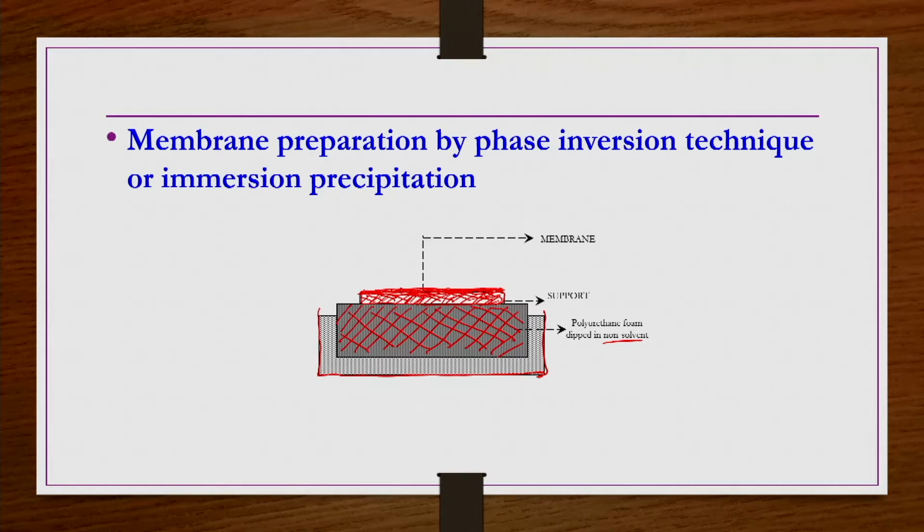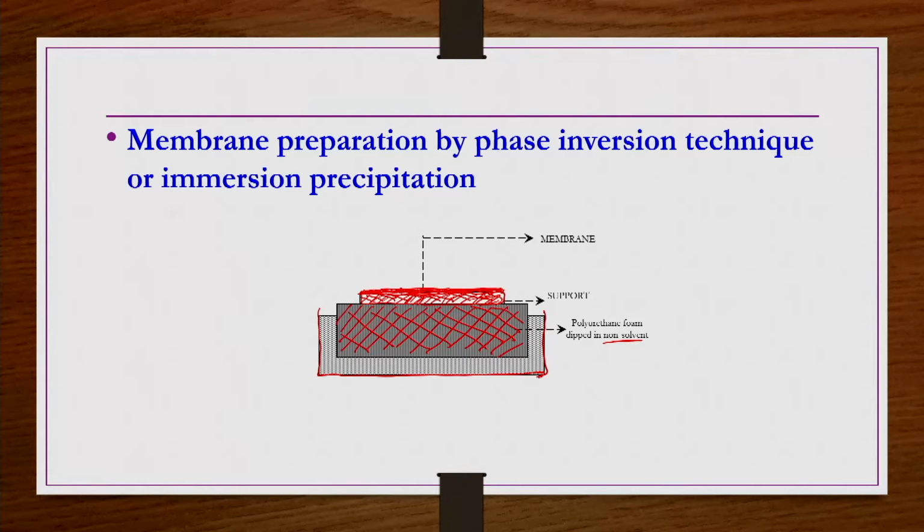In general, air drying is done. It is a better process, so that slow evaporation of the solvent will take place. Slowly, whatever solvent you have taken to make this polymer solution will start evaporating.